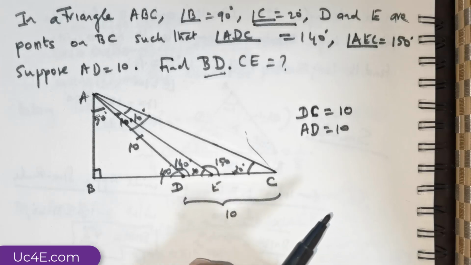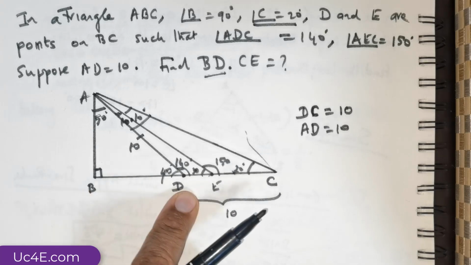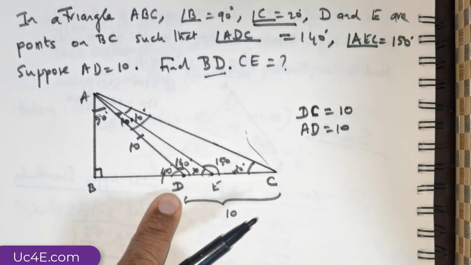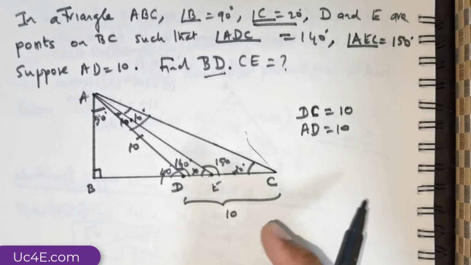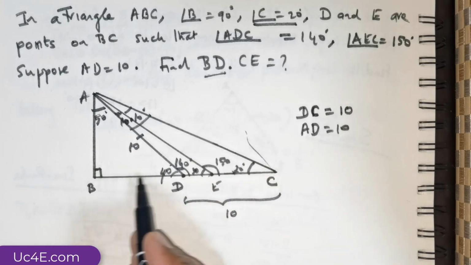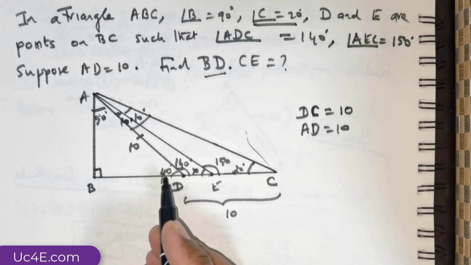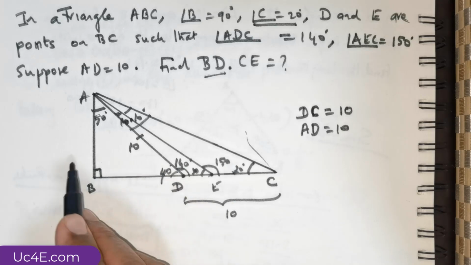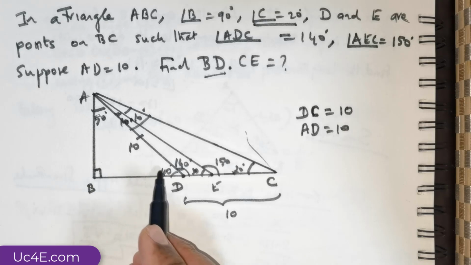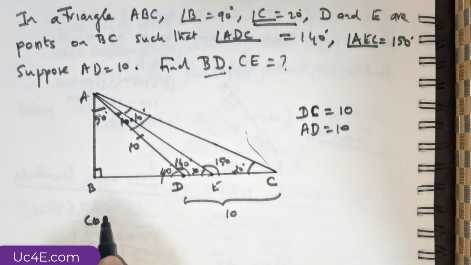Now the question comes to obtain BD. Once I get BD, I would just go on to obtain CE. That would be easy. Now this is 90, this is 40, right? Now if I were to take cos 40, what is cos theta? Now cos theta is equal to adjacent side by hypotenuse.